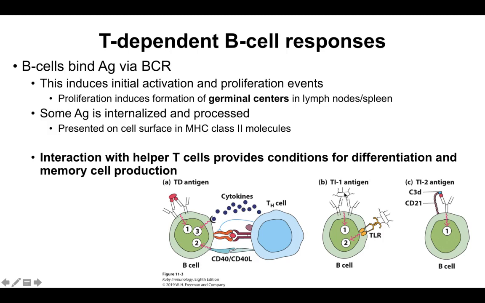T-independent antigens can be activated through antigen binding their B cell receptors, or a second signal coming from a pattern recognition receptor on the surface of that cell. It can also get signaling with the help of the complement receptors along with the B cell receptor to be activated if it's a T-independent antigen.